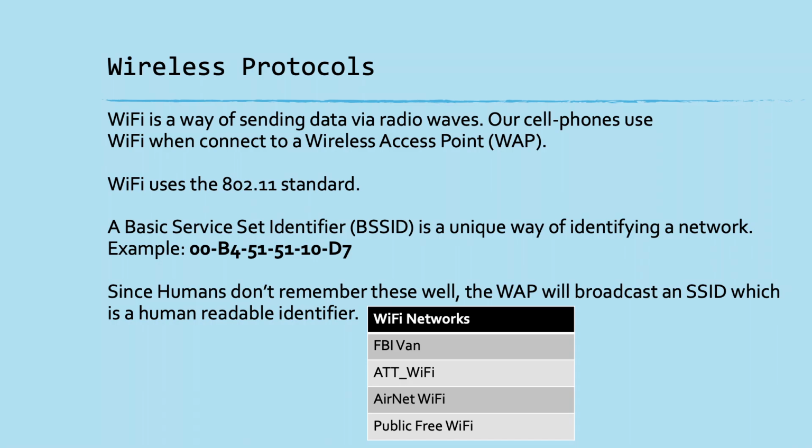This is called an SSID, which is an easier way for humans to identify a network. So we can choose different Wi-Fi networks that are available to us. These wireless access points are broadcasting these SSIDs constantly, and there are different ways to turn this off. If you didn't want to broadcast your SSID, you could turn that off in the router settings.